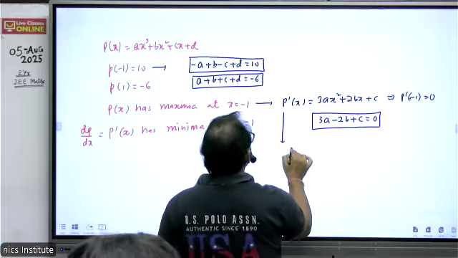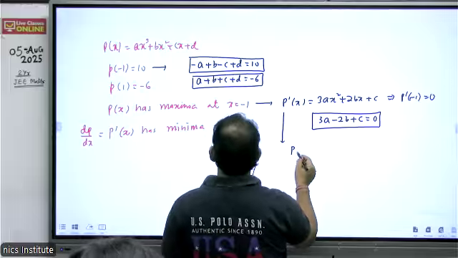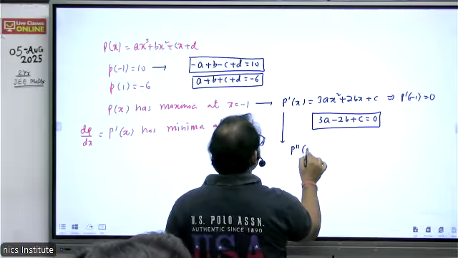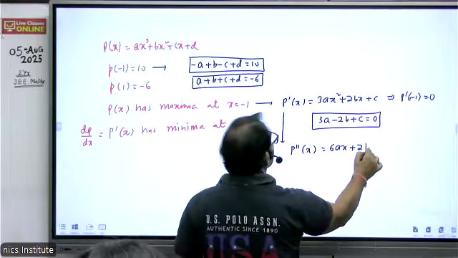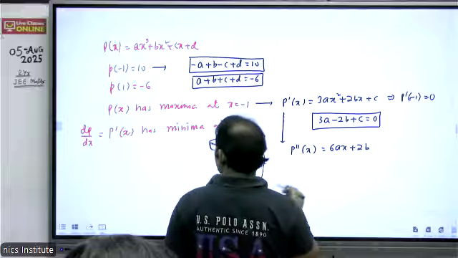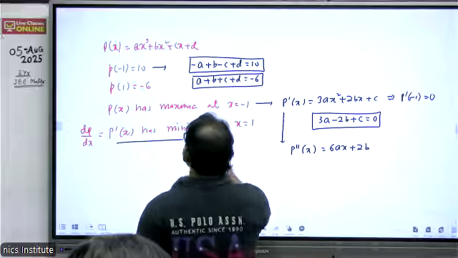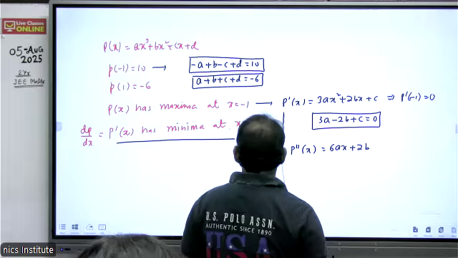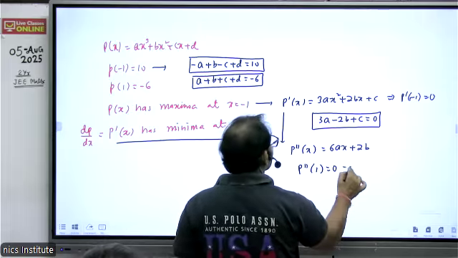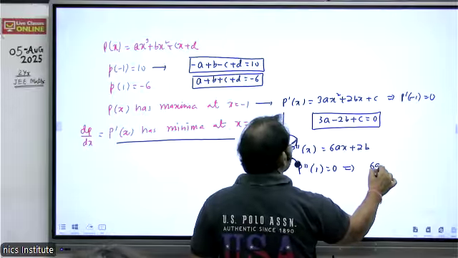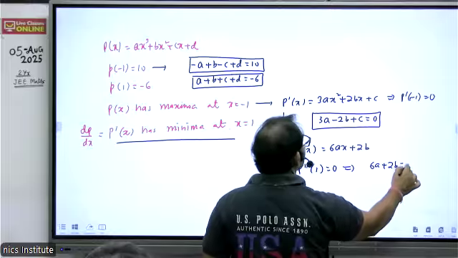But since P dash x also has a minima, we have to basically find the second derivative. So second derivative has to be 0 because it says P dash x has a minima. So P double dash 1 has to be equal to 0. So 6a plus 2b equals to 0.